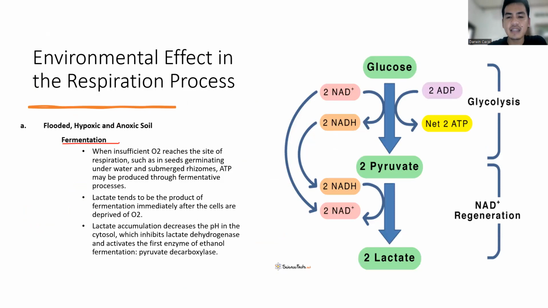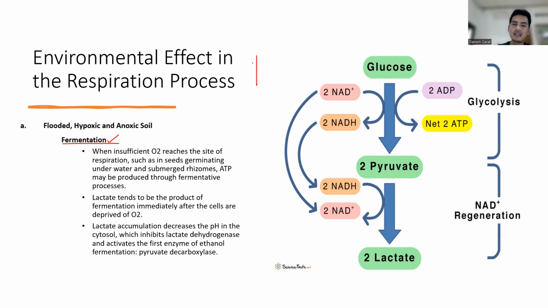So kapag sinabi nating fermentations, ito yung mga plants na kung saan ay nababad mismo sa tubig. So kailan nangyayari ang fermentation? Nangyayari ang fermentations natin kapag umabot na sa 12 to 24 hours yung flooding or yung tubig na na-stack mismo sa plants natin. So, naaamoy natin ang fermentation, example sa rice natin, di ba?